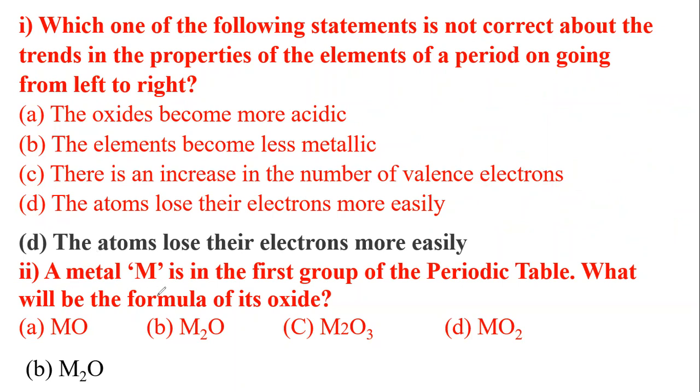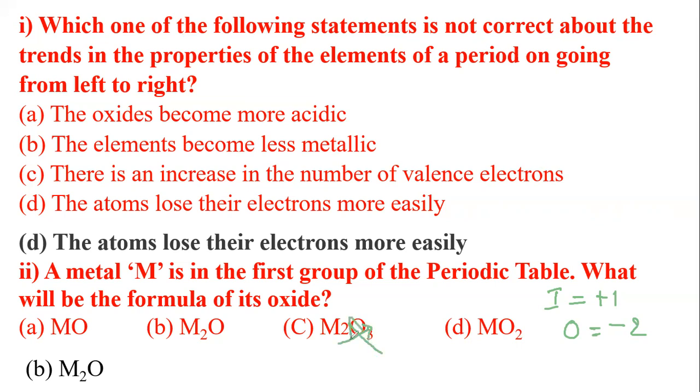A metal M is in the first group of the periodic table. What will be the formula of its oxide? Yes, for the first group we already know the oxidation state is +1. Here you can take the oxidation state of oxygen as -2. While writing the chemical compound, you can easily use the crisscross rule.